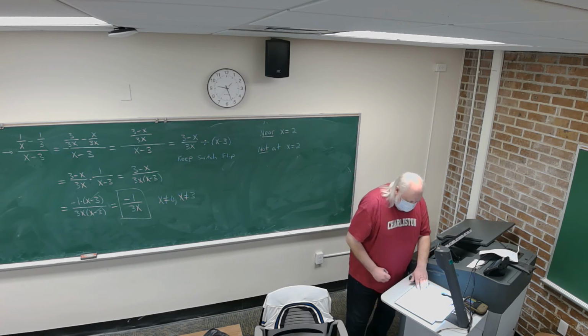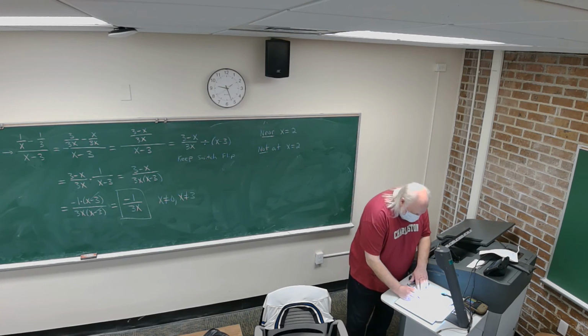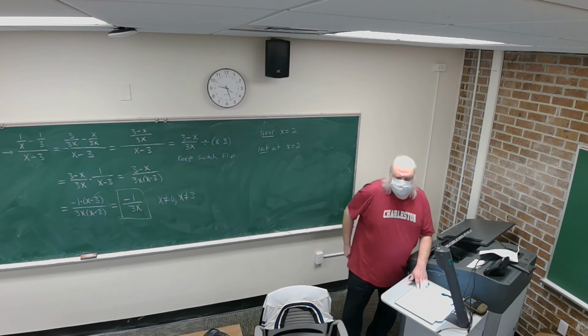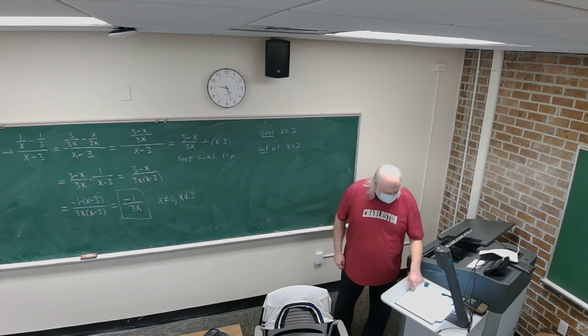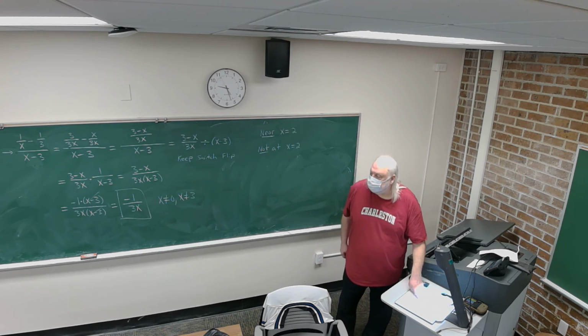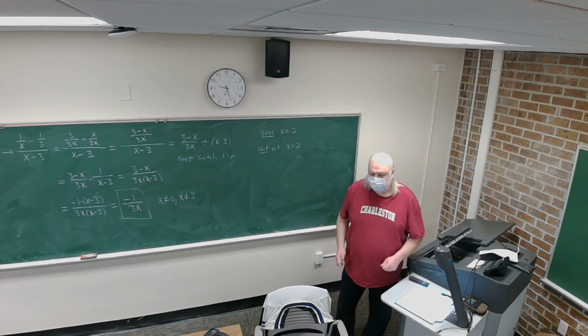It is read: the limit of the function x plus 1 as x approaches 2 is equal to the number 3. This tells us the closer the variable x is to the number 2, the closer the value of the function is to the number 3.